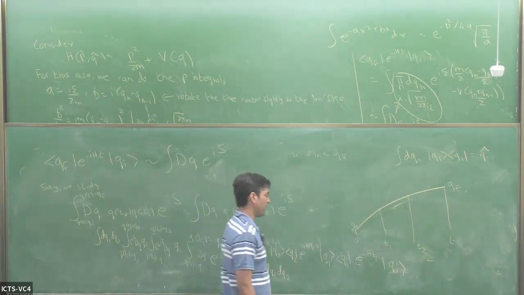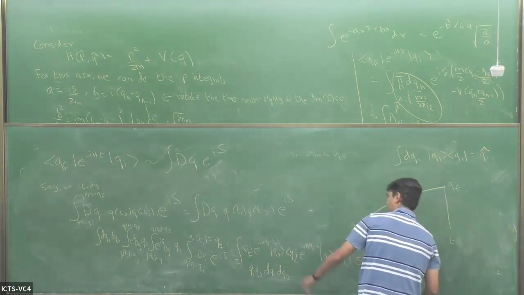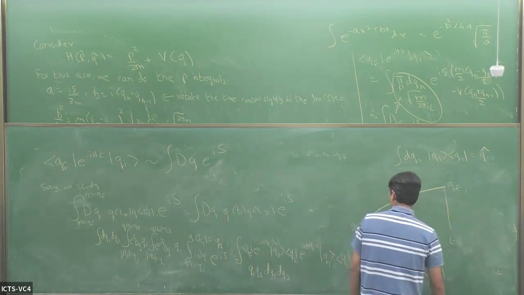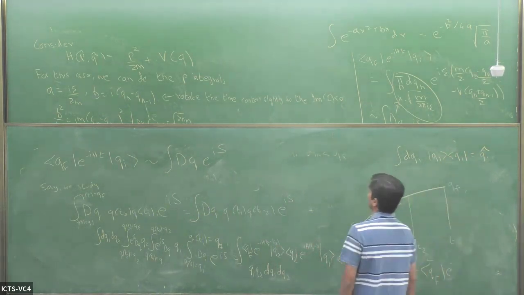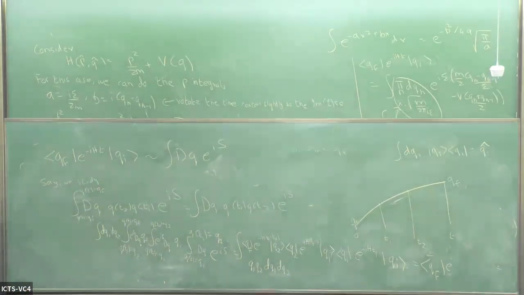So what we have now found is that this looks like this operator qf times e to the minus iH. Let me write it in a different page, otherwise we'll get confused.